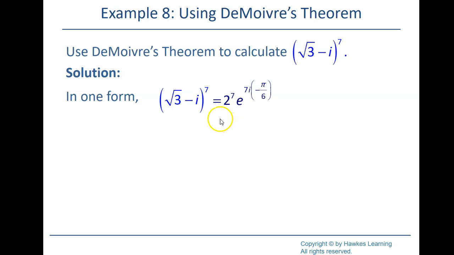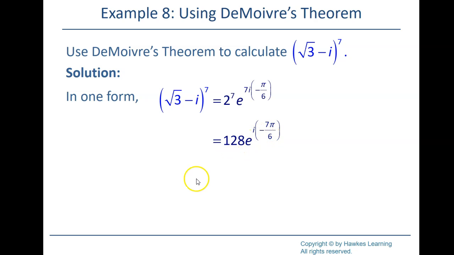So how do we work through this? Well, 2 to the 7th is 128. And then how did I get the negative 7 pi over 6? That's what we had before. We are raising it to the 7th power, so that's my n. And I multiply. Remember, this is all multiplication. So we can multiply in anywhere we want to. So this 7 is just being multiplied by the pi over 6, and it's negative.